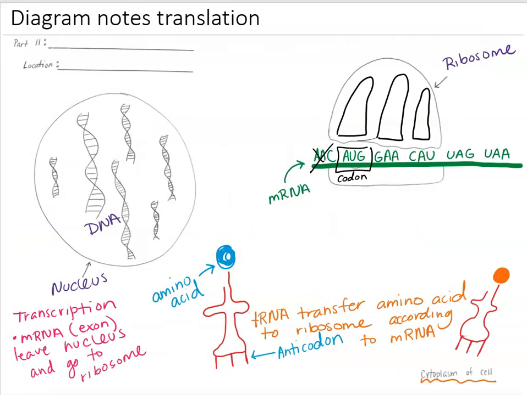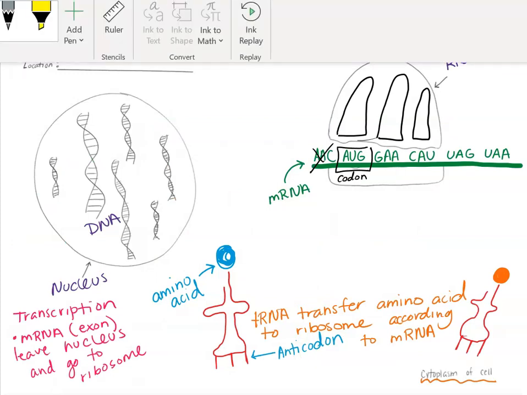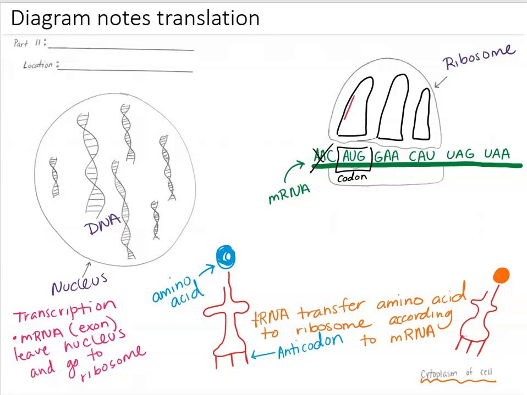So we're going to fill in a tRNA that is coming in, and it's carrying the amino acid MET, our start amino acid, MET, or methionine. And so that tRNA comes in, but how did it know to come here and not any other section of our message?